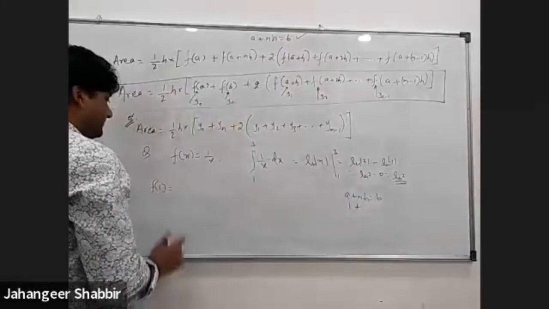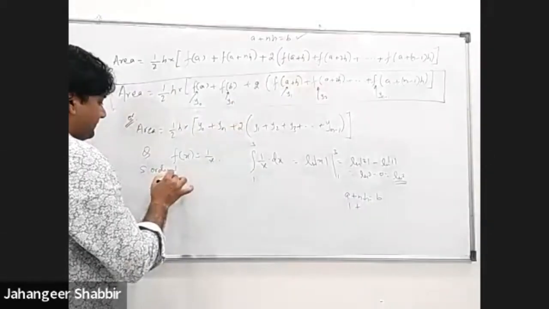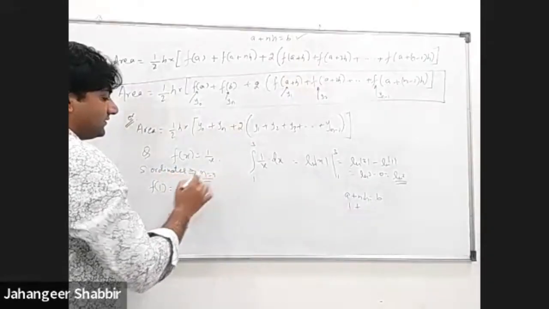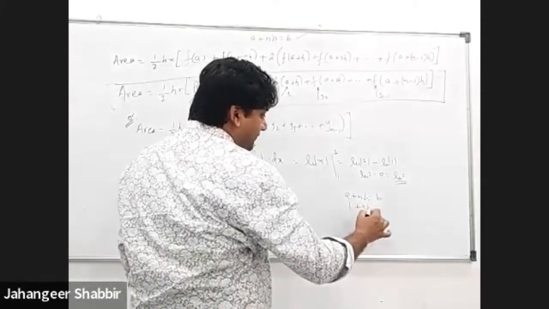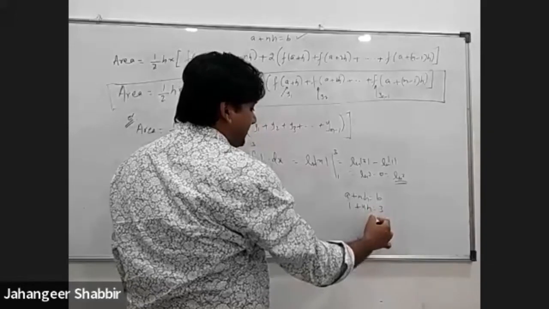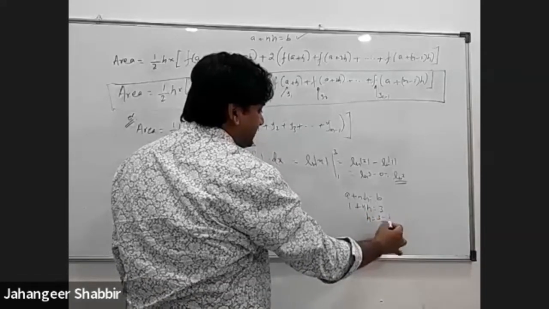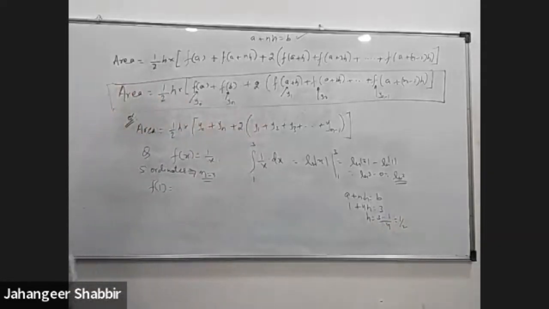We understood 5 ordinates means n value is 4, right? So 4h equals 3 minus 1, so h equals 2 by 4, which is 1 over 2, right? So we got h equals 1 over 2. Muzammil, did you understand? Okay.